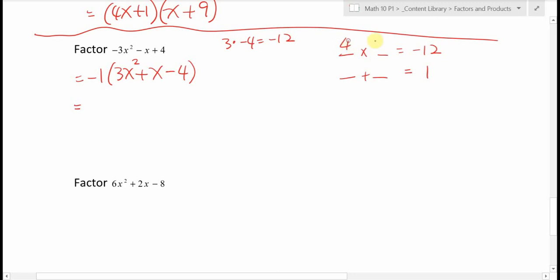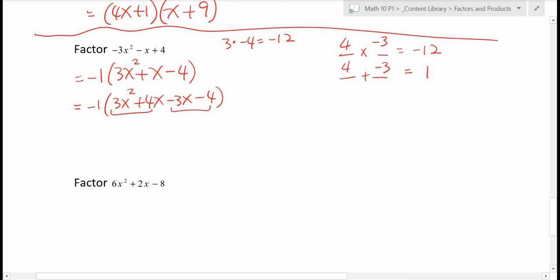The right combination should be 4 and -3. That's how I am going to break the positive x into plus 4x and then minus 3x. Again, it doesn't matter. You could write -3x plus 4x, and that's fine. Keep in mind, you must keep the -1 with you every single step, otherwise you're wrong.